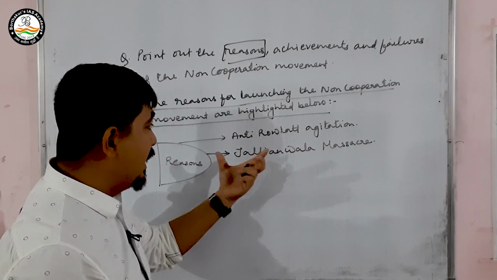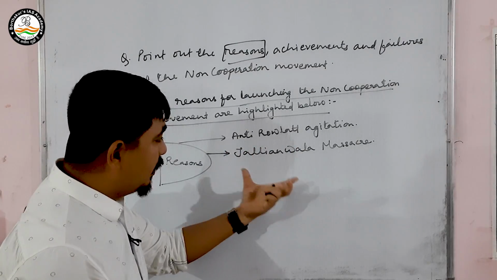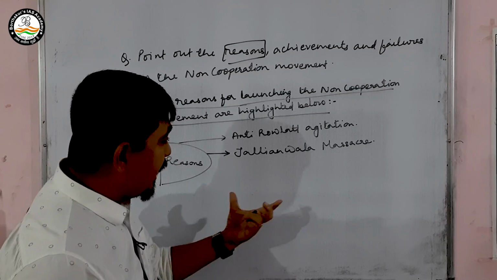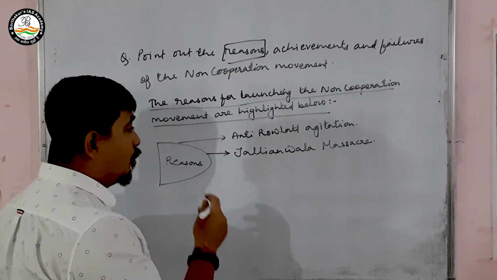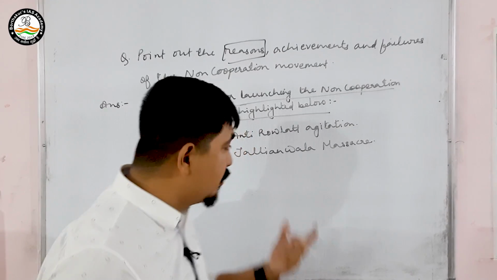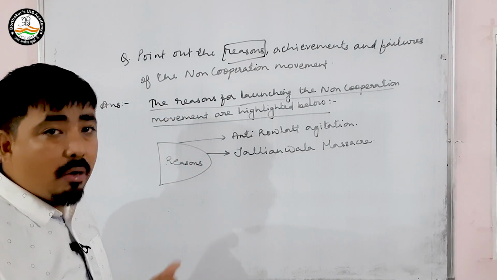A large number of people gathered in Jallianwala Bagh on 13th of April 1919 to protest the Rowlatt Act, and Brigadier General Reginald Dyer decided to shoot the people. So this is the second reason why the non-cooperation movement was launched.